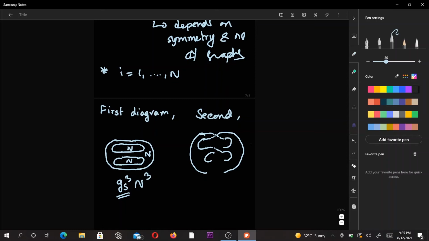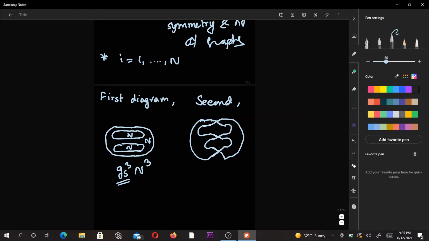This one with this one, and this one with this one. So what you have is a graph like this, where you only have one face. If you look at it, there is only one face, that is n.